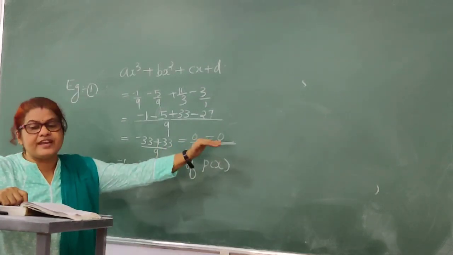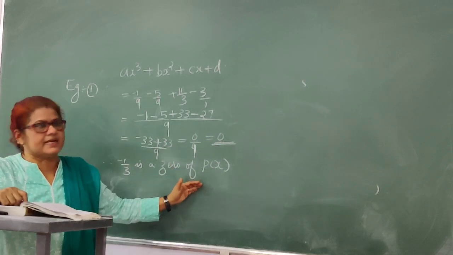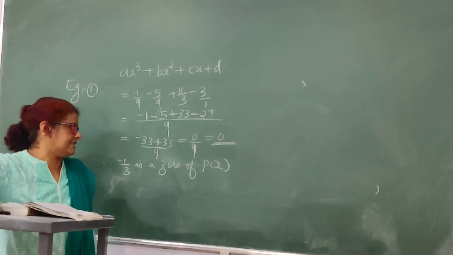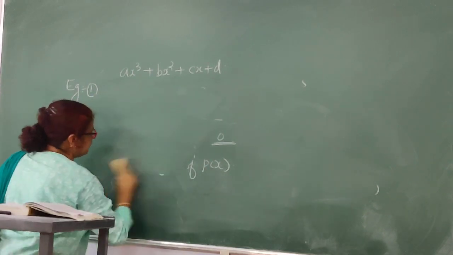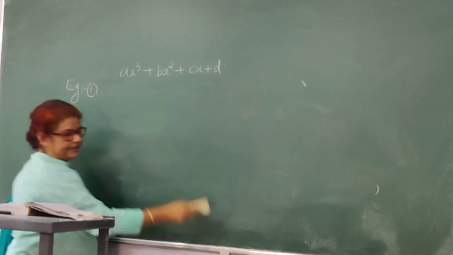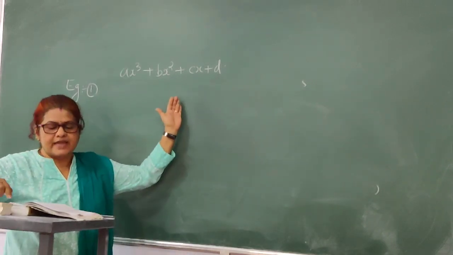Then verify the relationship. The second part is to verify the relationship between these three zeros and the coefficients. Okay, let's do it. Already we have written the coefficients by comparing with the standard form.